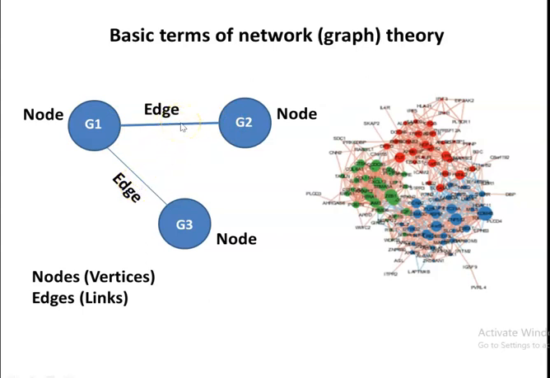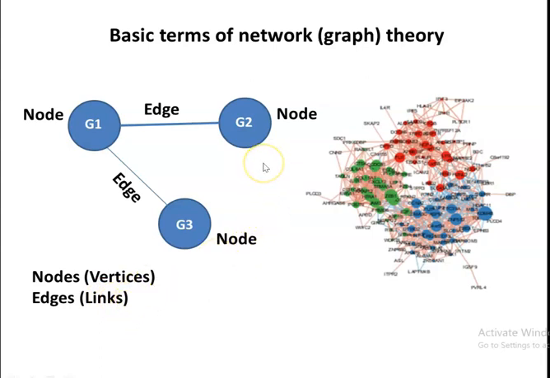But at other times, this can also be represented by different colors or different ranges of colors, and so forth. Another important thing: nodes are not only called nodes, they are also called vertices. And edges are sometimes referred to as edges, but other times referred to as links.